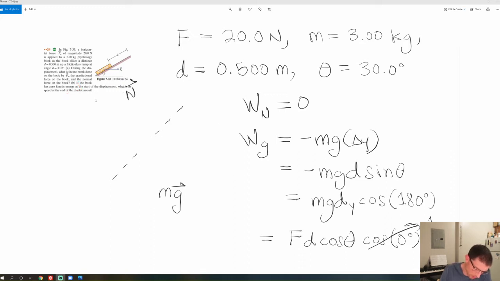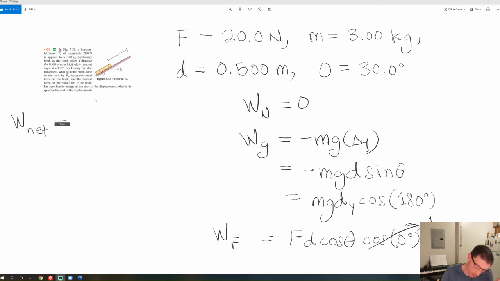Yeah, I want to get rid of this too. Okay. Apologize that this is time consuming here. So what I wanted to rewrite before I do anything else is that this here was, remember, the work done by the applied force. Okay. So now we can write out our net work.